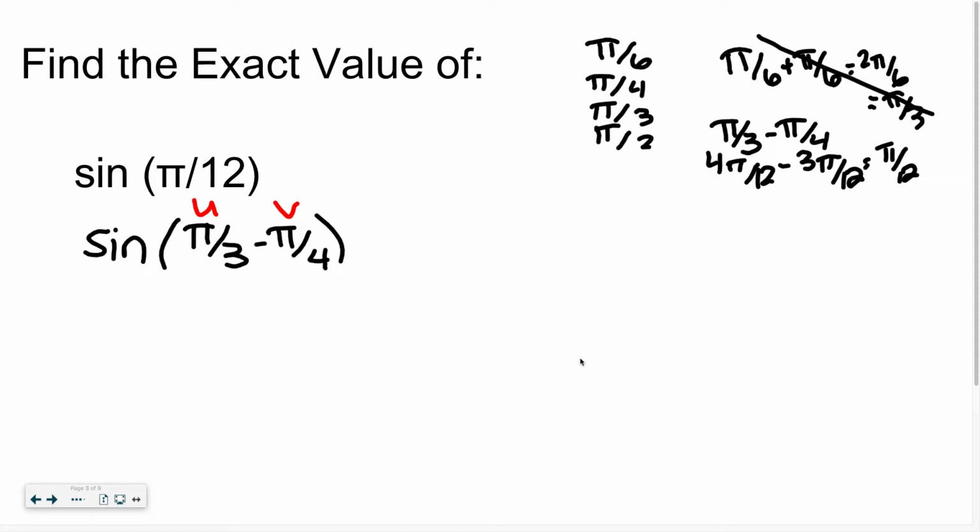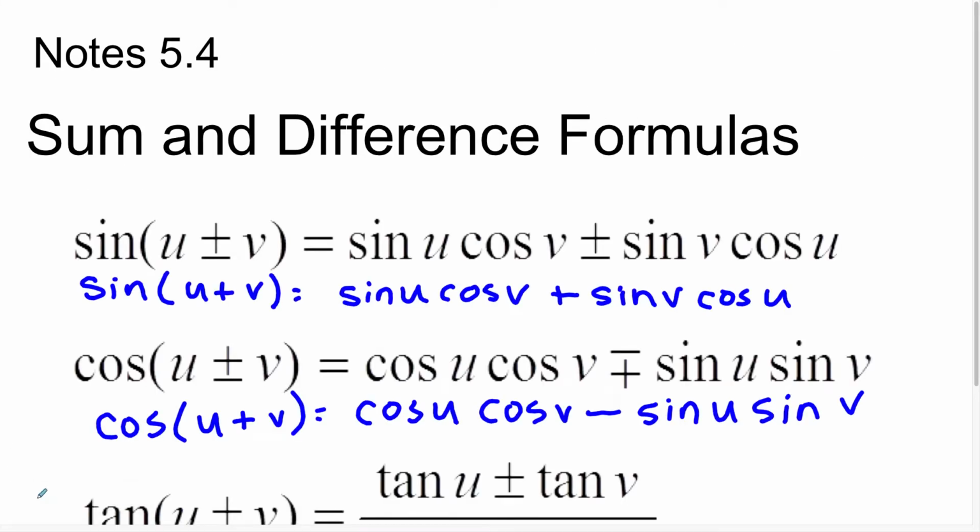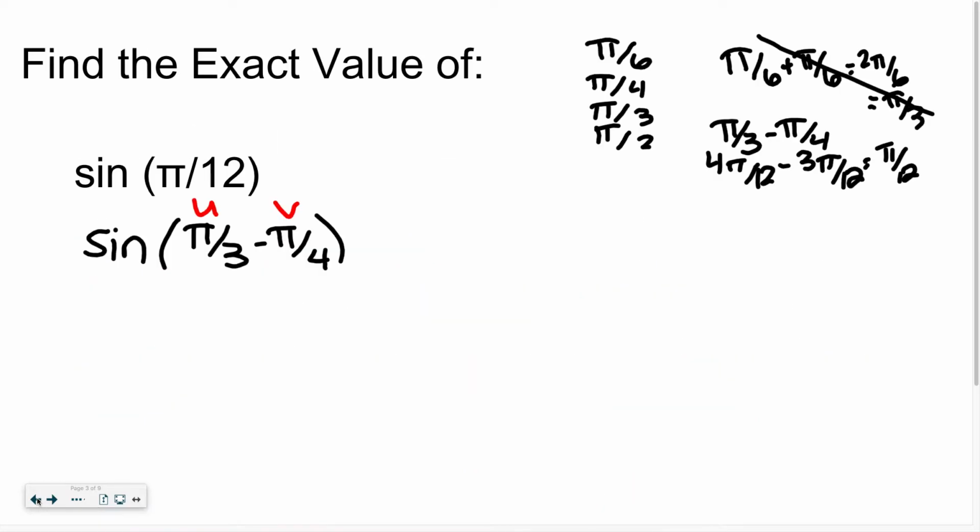So if I flip back to my previous page, I take a sine of u times a cosine of v. So the sine of the first angle times the cosine of the second angle. So that's going to be the sine of pi thirds times the cosine of pi fourths.